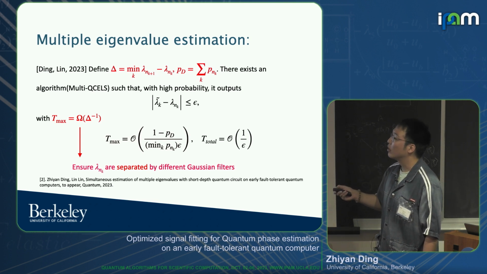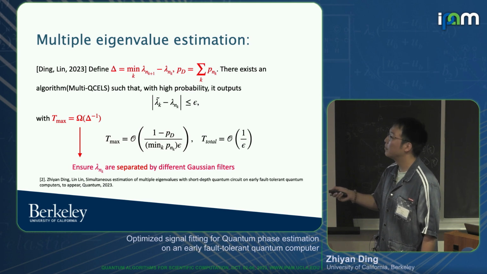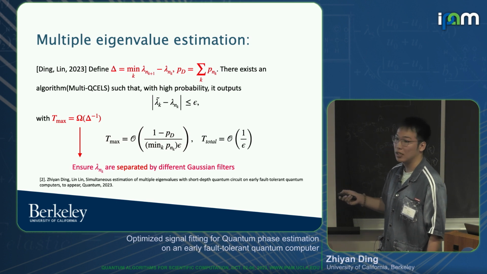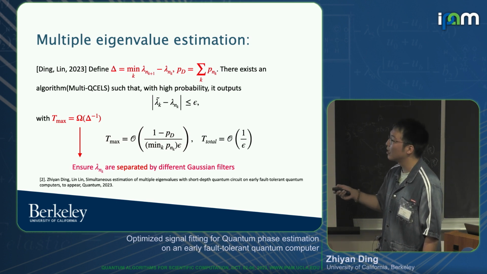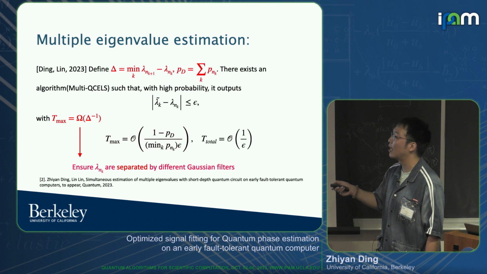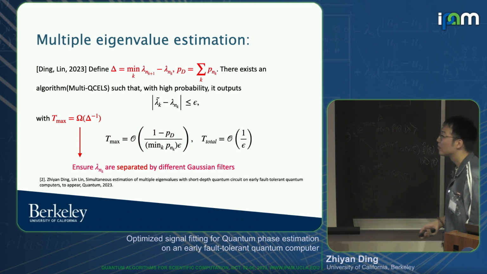Then our T_max still has this (1 minus p_D) over the minimum of the dominant overlaps over epsilon. So one way to understand this result is if p_D is closer to 1, we can still achieve short circuit depths, and we still get the Heisenberg limited scaling. Also this algorithm can work as long as the minimum value of p_nk is larger than 1 minus p_D.